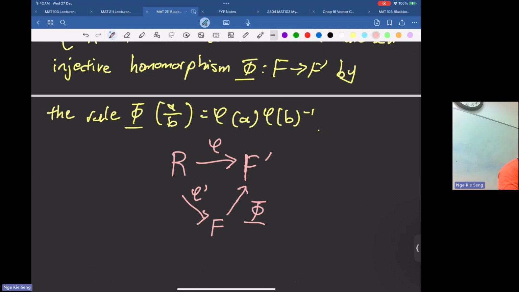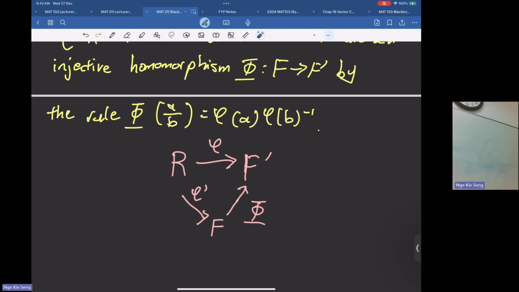Okay, so meaning what? If you have a ring homomorphism from R to any other field, you will pass through the fraction field. So the fraction field construction is the smallest field that contains R. The construction we just did considers the symbol A over B, and then equivalence classes.